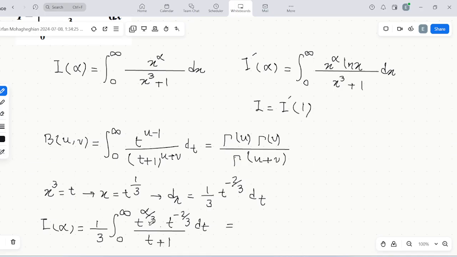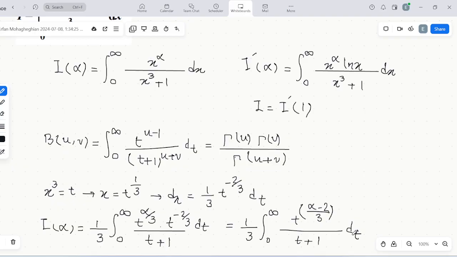And if I combine the exponents of t, we get 1/3 times the integral from 0 to infinity of t raised to the alpha minus 2 over 3 divided by t plus 1 dt.